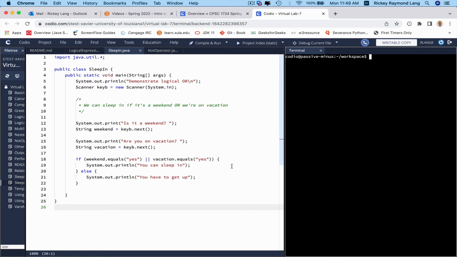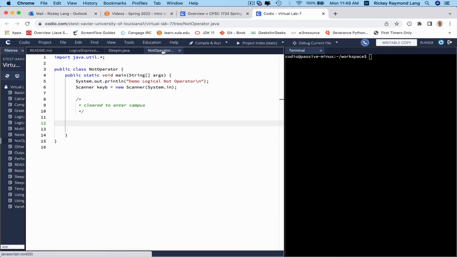There's another operator, the not operator. Suppose we want to filter out one specific thing and see if it's anything other than that. I want to know if we're cleared to enter campus. If there's any symptoms at all, we can't come to campus. The only acceptable answer is none.